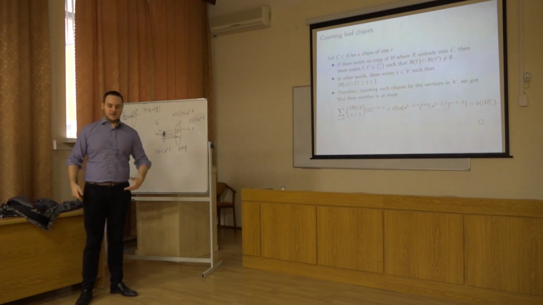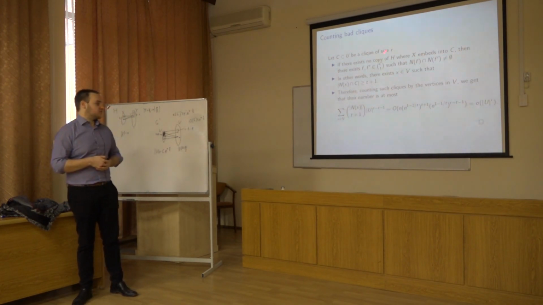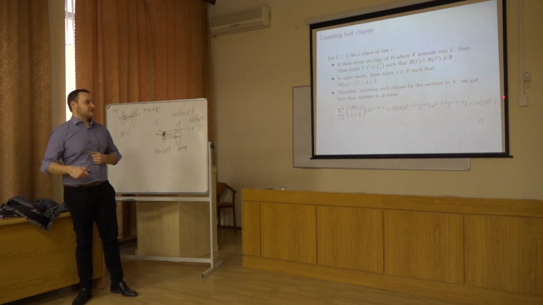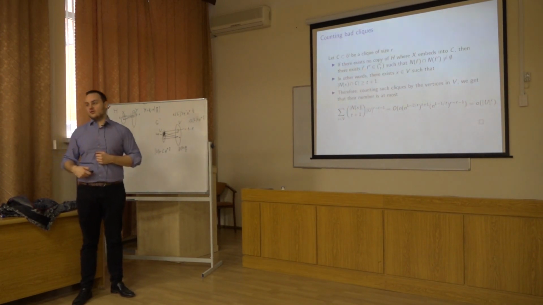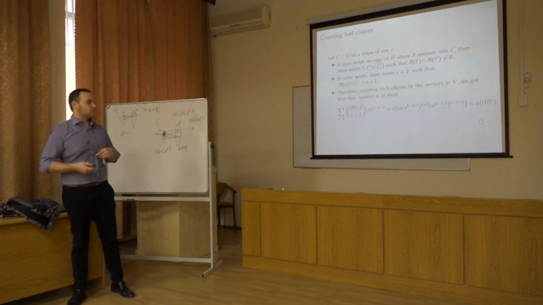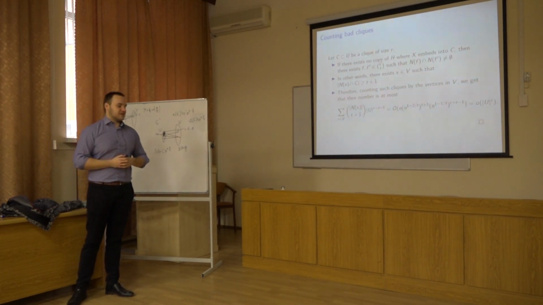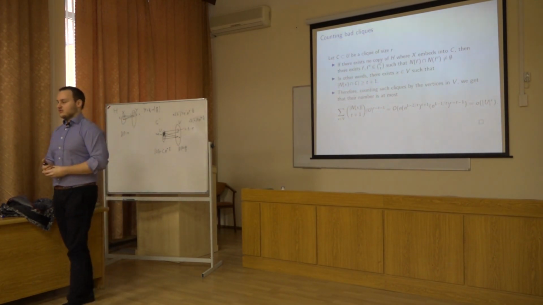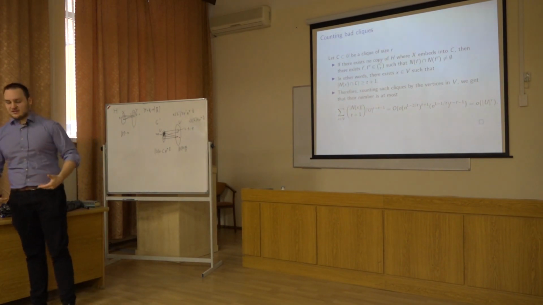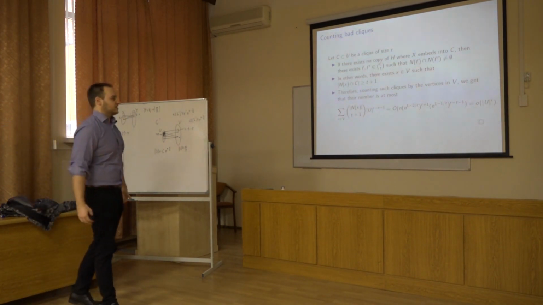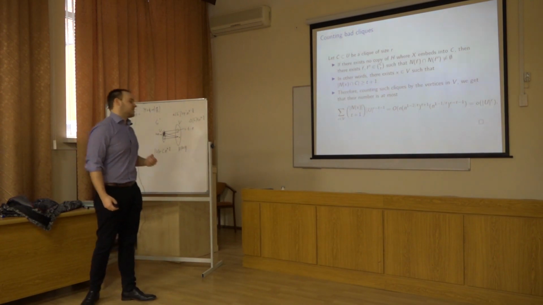Then, by simple calculations, we show that this number is little o of u to the R, so this is much less than the total number of cliques of size R. So in conclusion, the number of bad cliques is much less than the number of cliques, so there must be a clique where we can embed H in the desired manner.